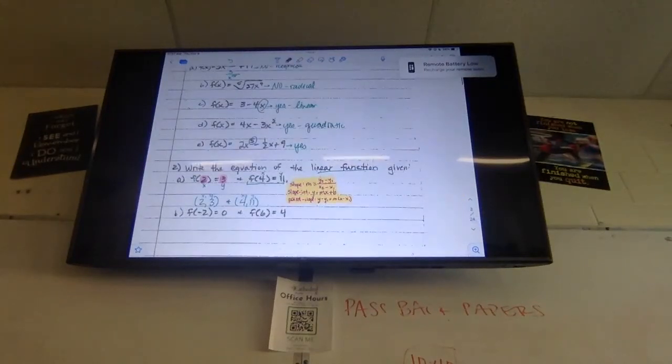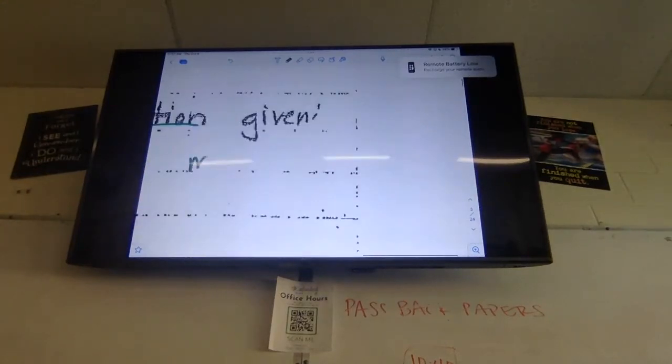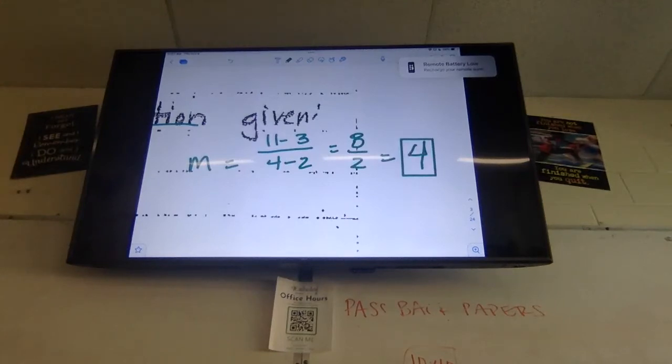And now I'm going to use those equations to find my slope-intercept form. So we will do (11 minus 3) over (4 minus 2). So 8 over 2 equals 4. And then I'm going to use the point (2, 3).